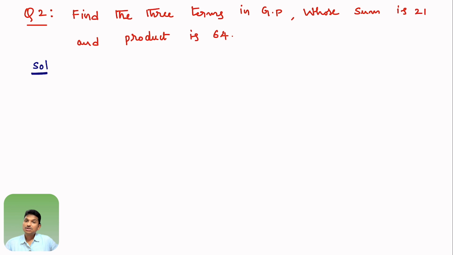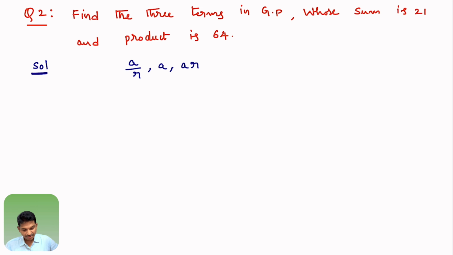After reading the question, what I understand is they are saying there are 3 terms in geometric progression whose sum is given and product is given. So the best method is, as they gave the product of 3 terms, I'll choose those 3 terms as a by r, a, ar.